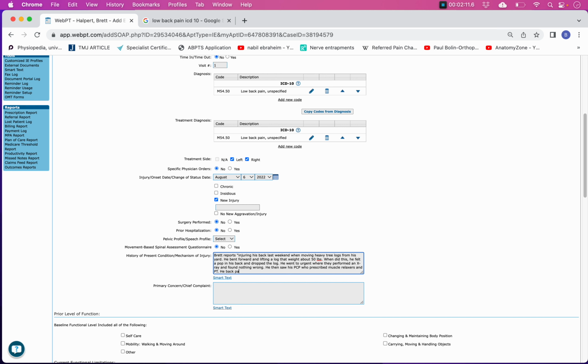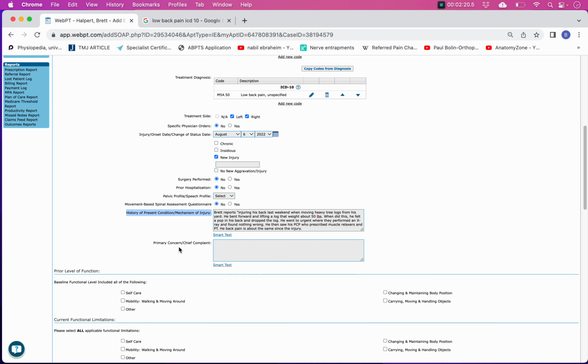His back pain is about the same since the injury. So this is just a brief overview from when the pain started to now. And then we're going to list the primary functional concerns in order of importance.